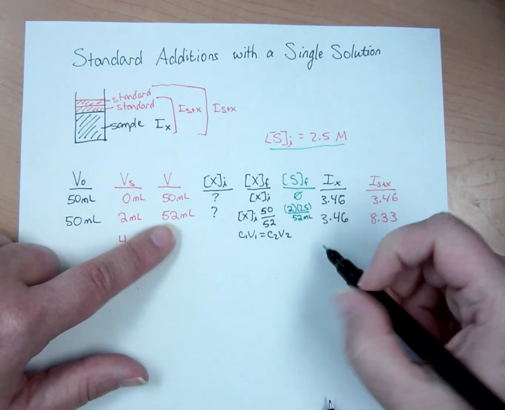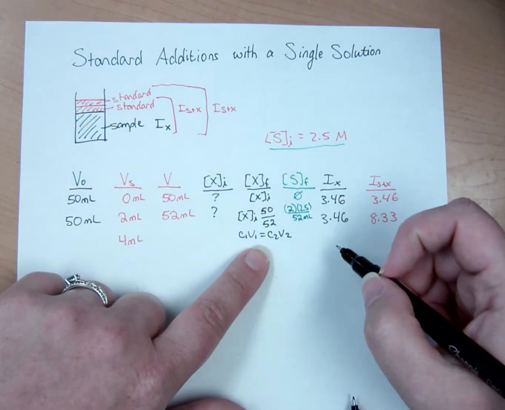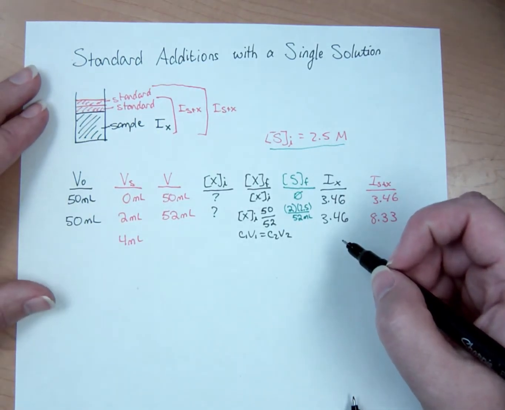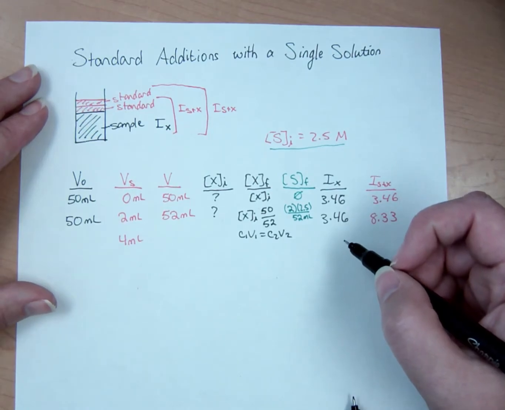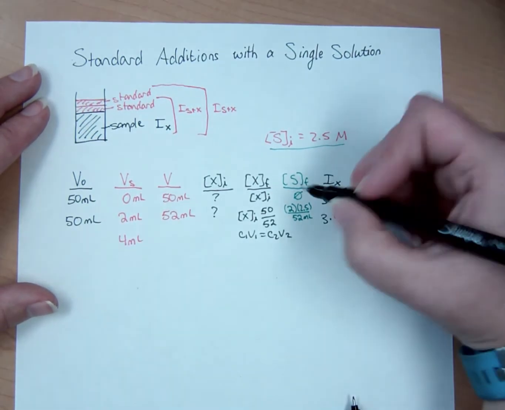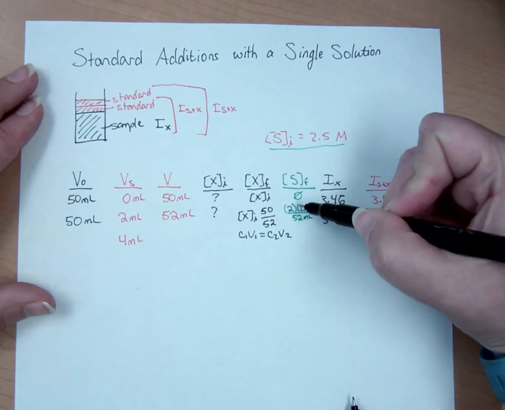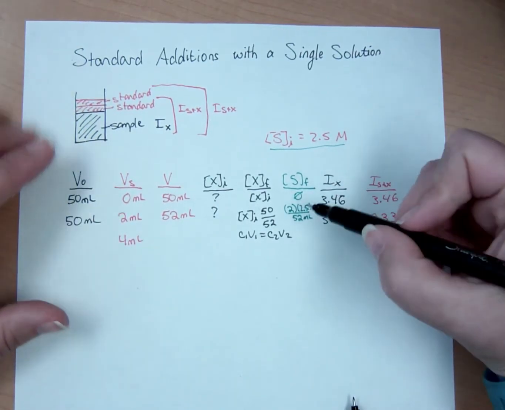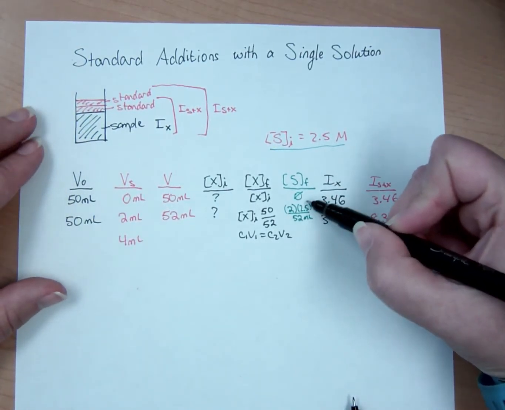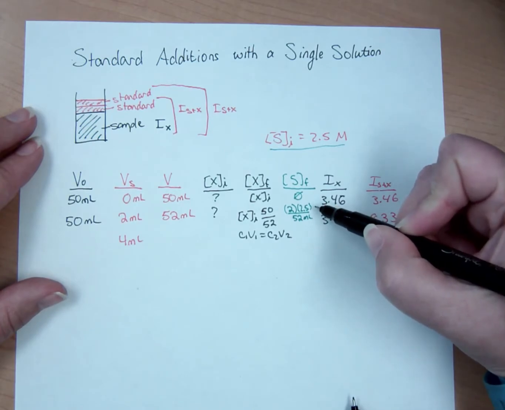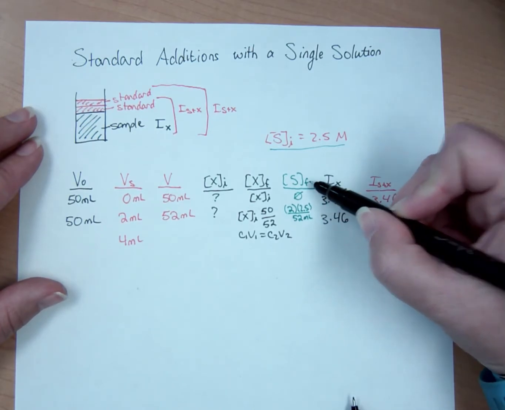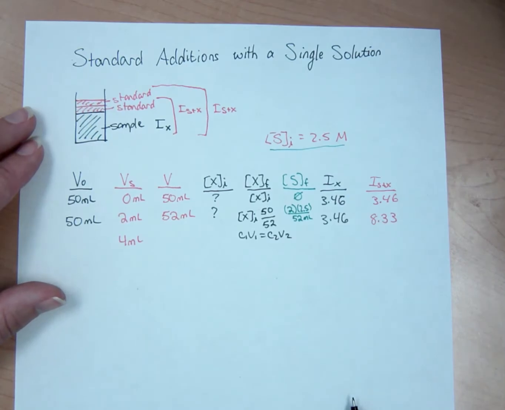And this is the same thing, we're using C1V1 equals C2V2 to get that value. Ultimately, whatever volume change and starting concentration we're using, we can use that to calculate our final concentration.